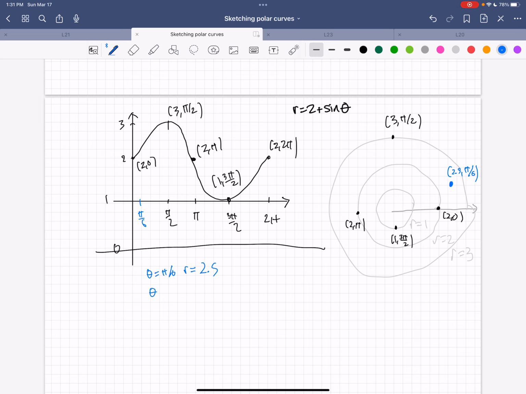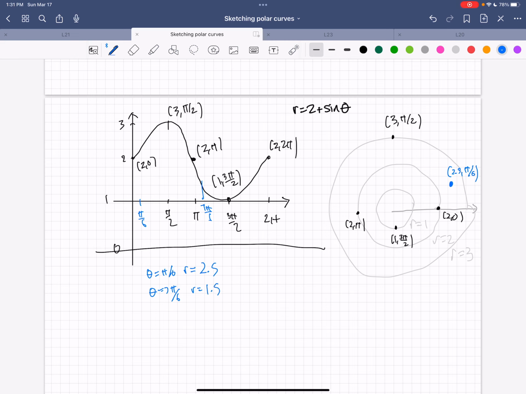Let's see what happens when theta is 7 pi over 6 as well. So that'll be, okay, 7 pi over 6, sine is negative, so you actually have 1.5.